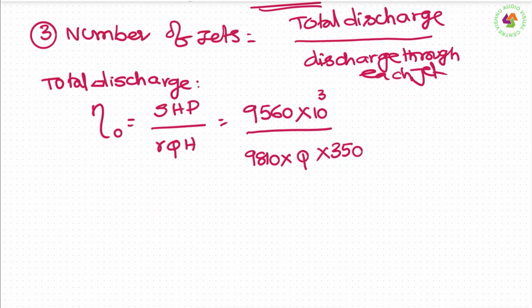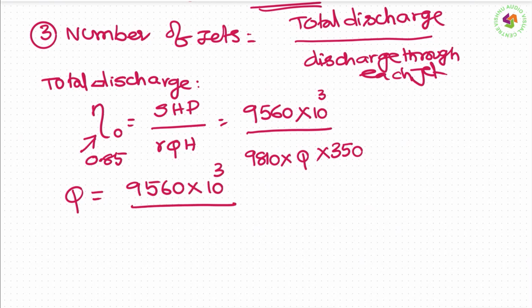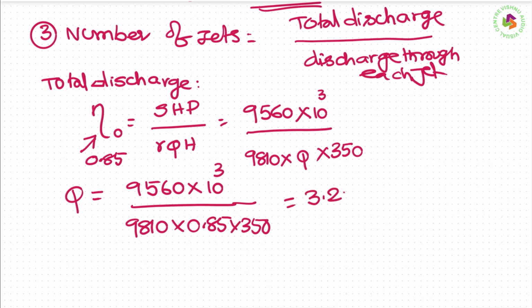Therefore Q is equal to 9560 into 10 to the power of 3 divided by 9810 into 0.85 into 350. So how much are you going to get? 3.27 meter cube per second.